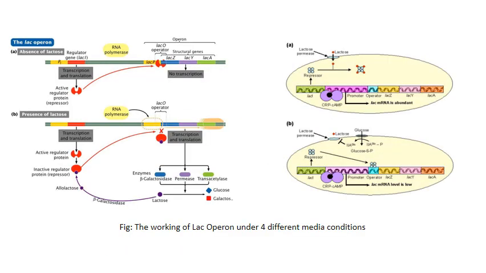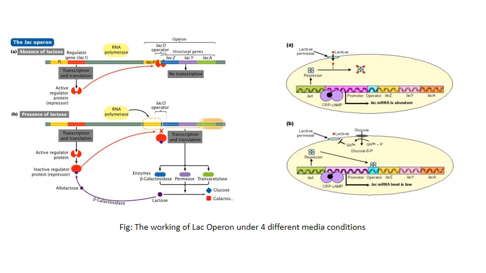Now we are going to go through the mechanism of lac operon regulation by understanding the situation under four different media conditions. First, when lactose is present and glucose is absent, the state of the lac operon is on. In the absence of lactose, the lac operon is maintained in a repressed state, where the repressor binds to the operator and prevents the transcription of the operon.